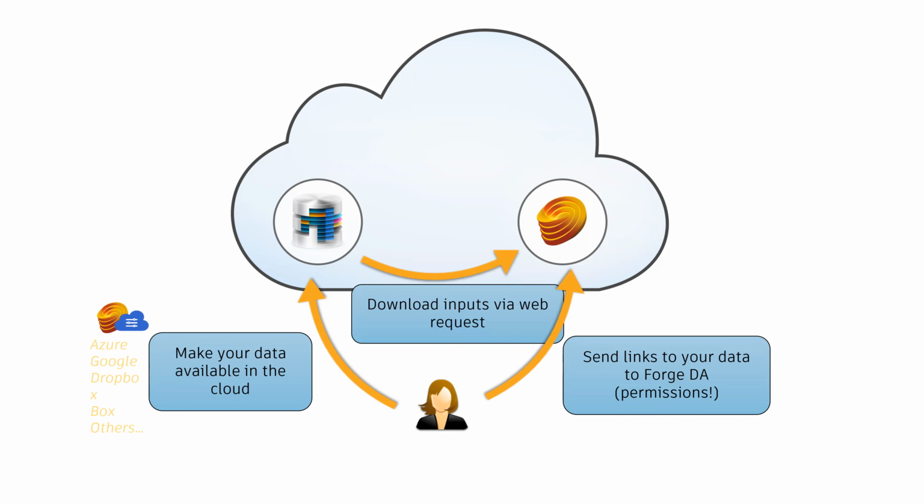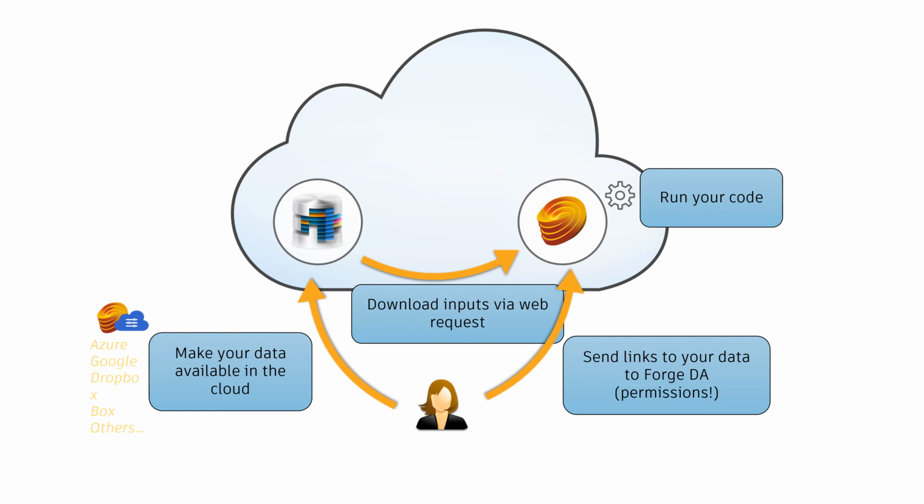Once we receive the links of your data, we download the inputs via web request, and we will run your code. In the previous slide, I have shown where you will be uploading the design data as well as the application code. This is the code that we will be running against your design data.